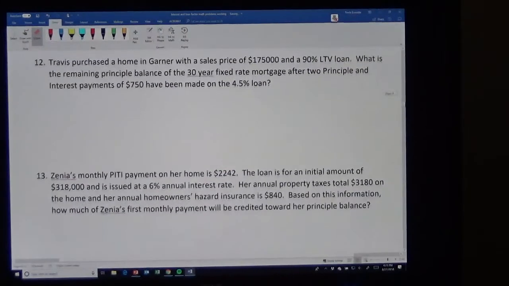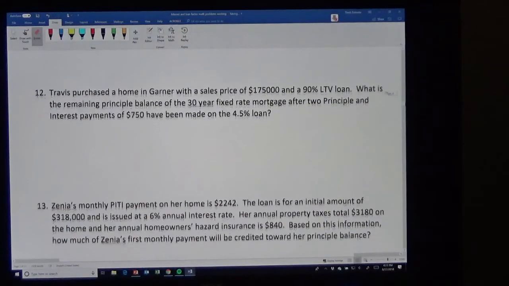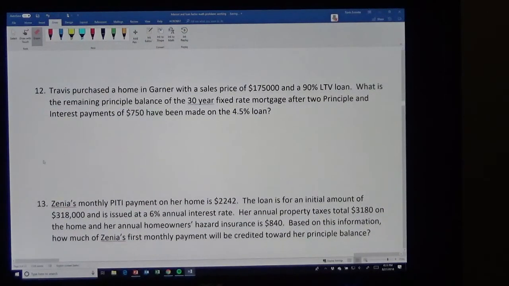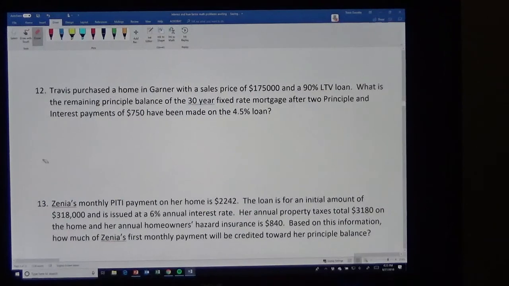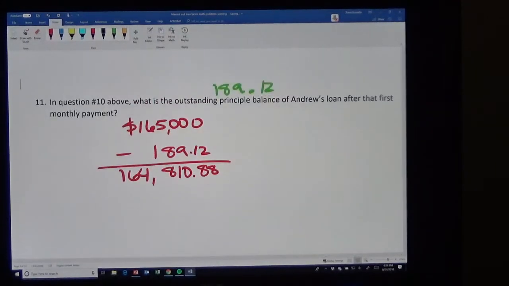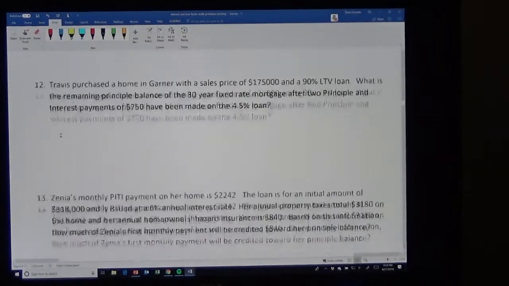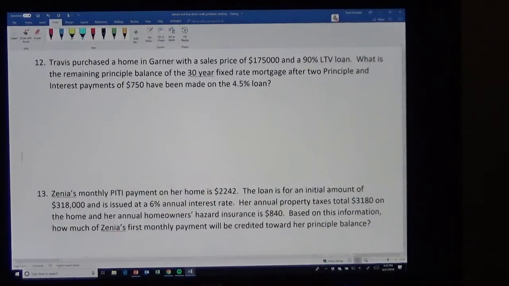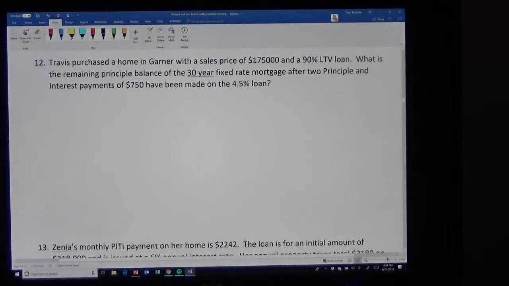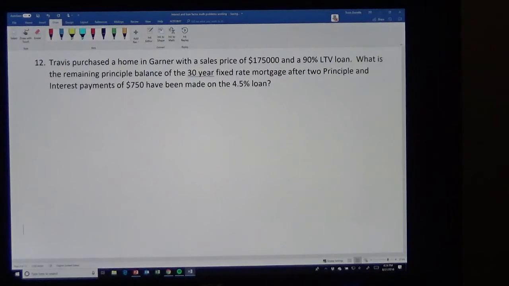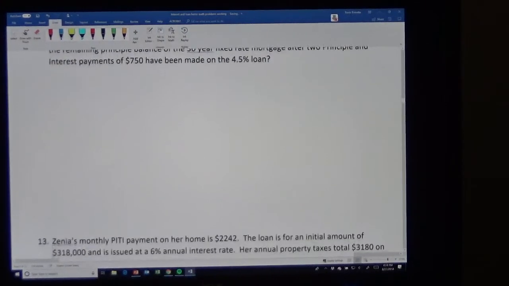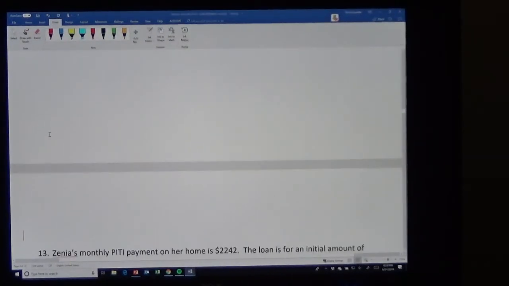Alright, number 12. Travis purchased a home in Garner with a sales price of $175,000 and a 90% loan-to-value loan. What is the remaining principal balance of the 30-year fixed-rate mortgage after 2 principal and interest payments have been made on this 4.5% interest rate loan?